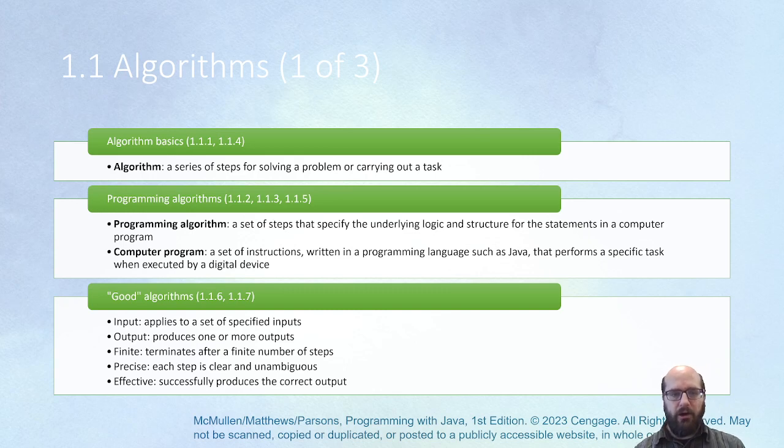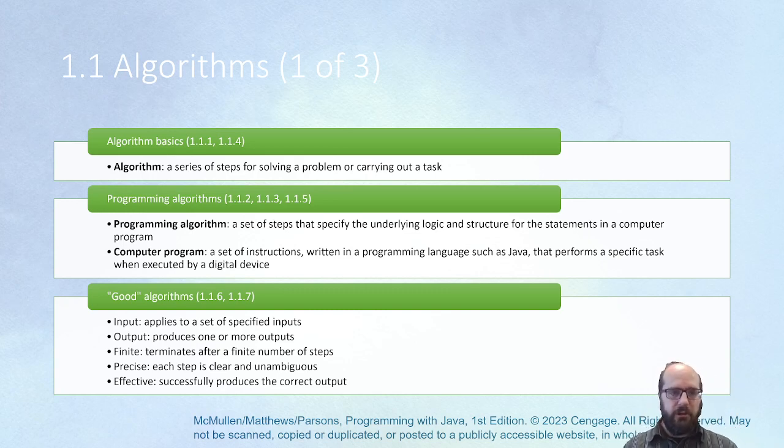And output is how that computer tells you any information. So when you're looking at a screen in your car and it tells you that you're about to hit something, that output, maybe a visual, an auditory sound, or the screen changing color, is the output that the computer is giving us. When we use the word finite, we're talking about a good algorithm that terminates after a certain number of steps.